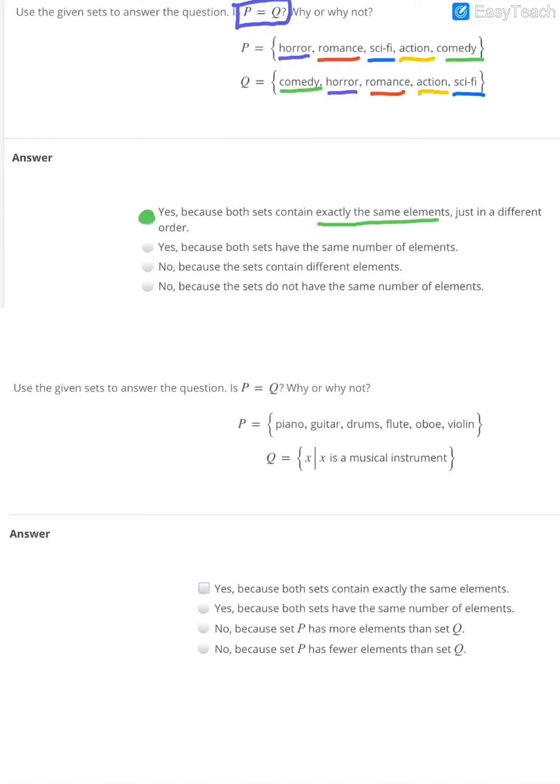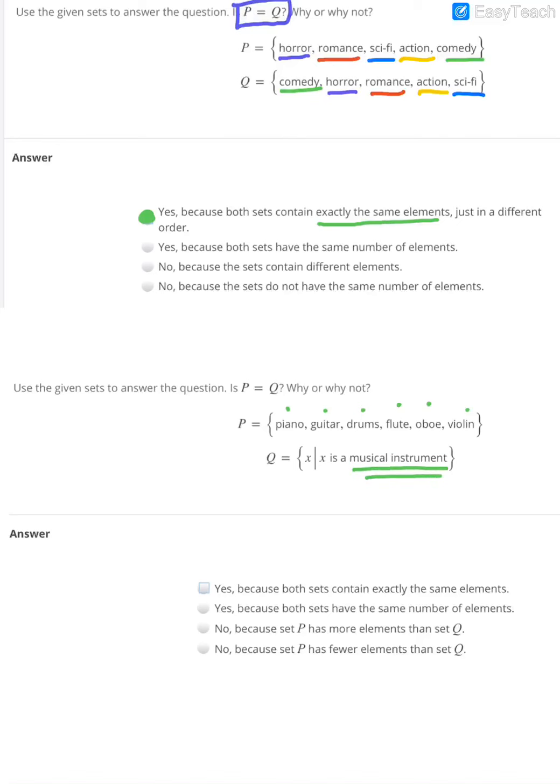And then on my last example, again, we're looking at set P and Q. We're being asked if they're equal. So notice P has specific instruments, a piano, a guitar, drums, flute, an oboe, and a violin. Whereas Q is described as just the set of anything that is a musical instrument.